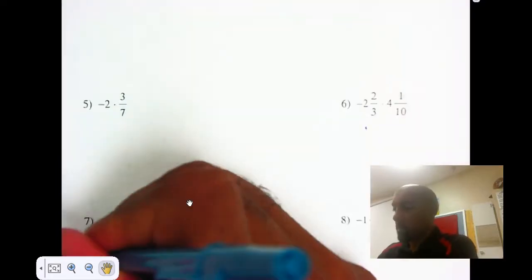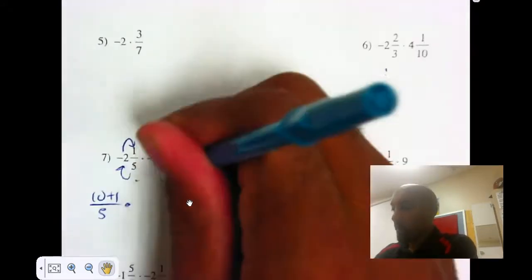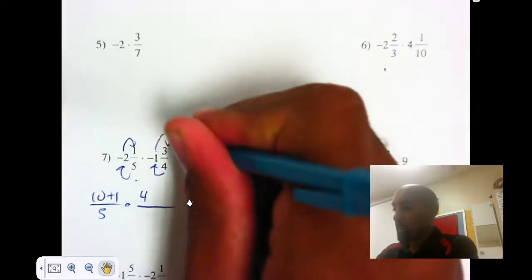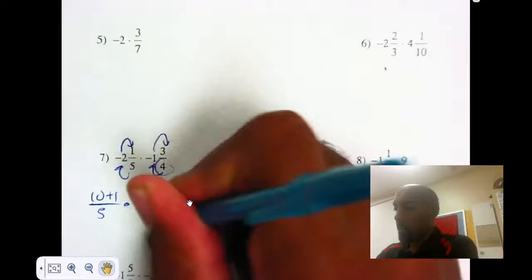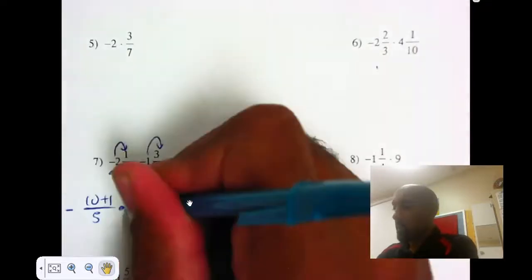5 times 2, 10, multiply plus 1, 10 over the 5, multiply, sorry, and 4 times 1, 4, plus 3, then put down the 4, okay, and remember we have negatives here.